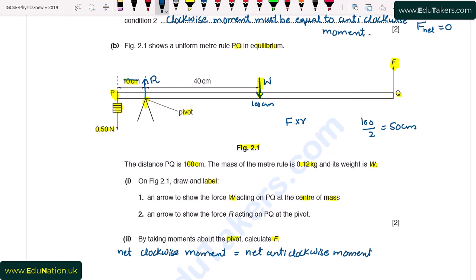So when we calculate the moment for weight W, it is at a distance of 40 centimeter. So the distance of pivot and W is 40 centimeter. We have to convert this distance into meters, and it will be 40 divided by 100, 0.4 meters. So R here is 0.4 meters, and in the case of weight, force is equal to weight and it is equal to mg. Mass of the meter rule is given, that is 0.12.